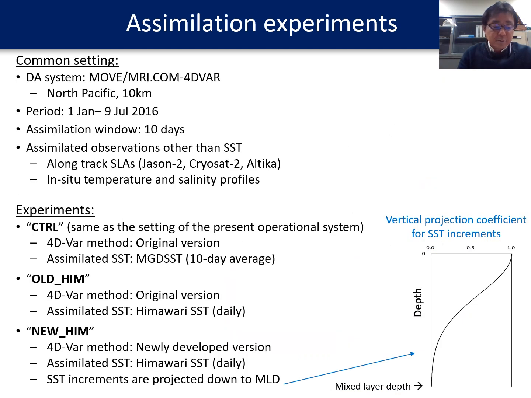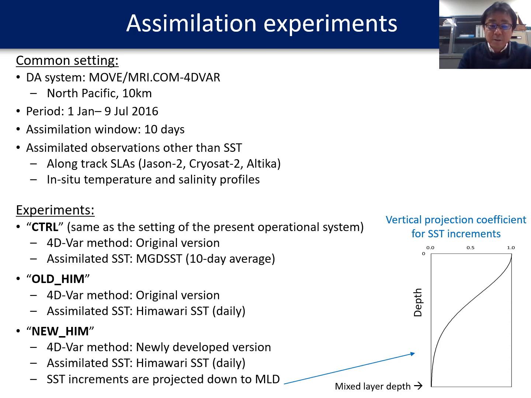And this slide summarizes the setting of the data assimilation experiment we conducted. The experiments were performed using the present JMA's Fodiva system for the North Pacific. The period of the experiment is from January to the beginning of July 2016.